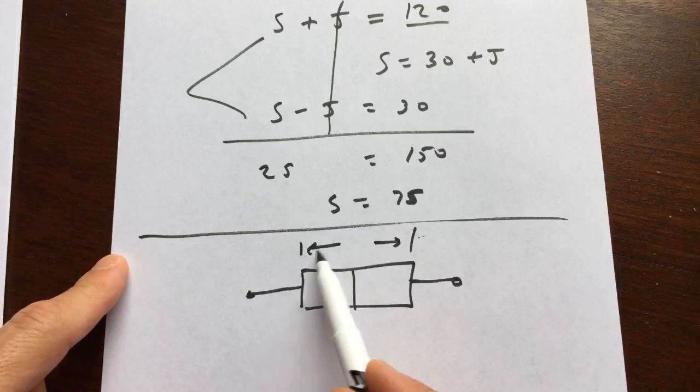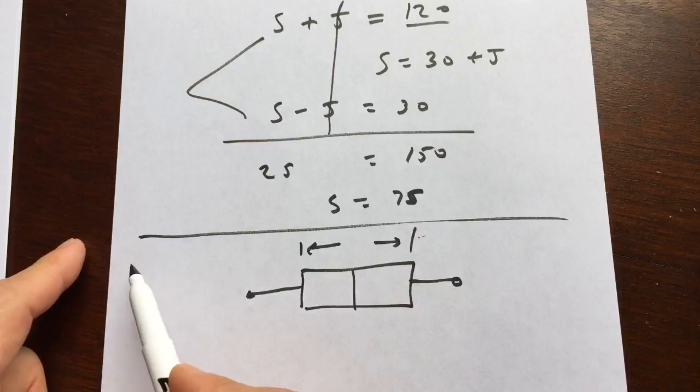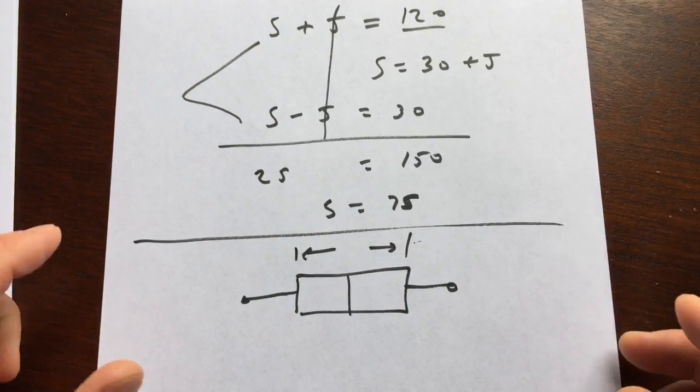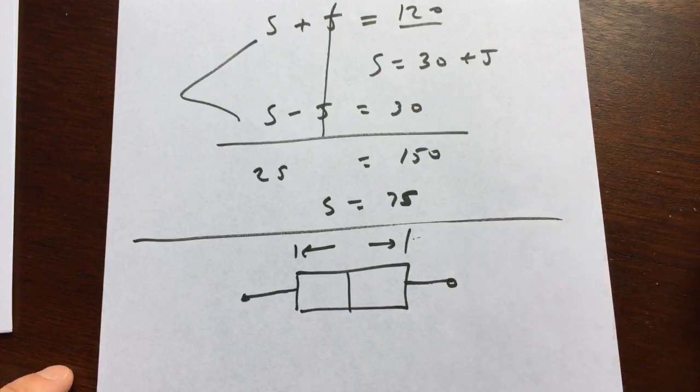Or if you subtract 1.5 times the interquartile range from the first quartile, any points lower than that are considered outliers. So that's box and whiskers. But basically, when you're just looking at the data, if you see a point that's way higher than all the rest or way lower than all the rest, typically you can say that's an outlier.